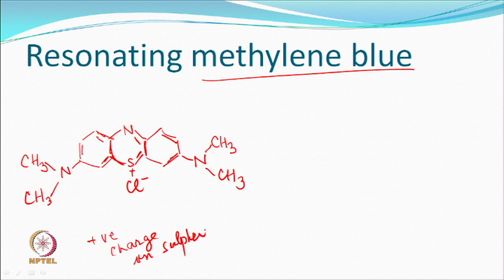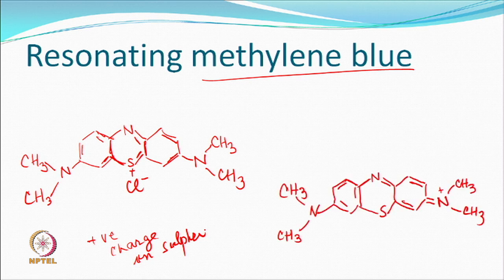This compound is stable because it resonates. Another structure is where this positive charge is on nitrogen. So, it has shifted. This chloride ion can be anywhere.